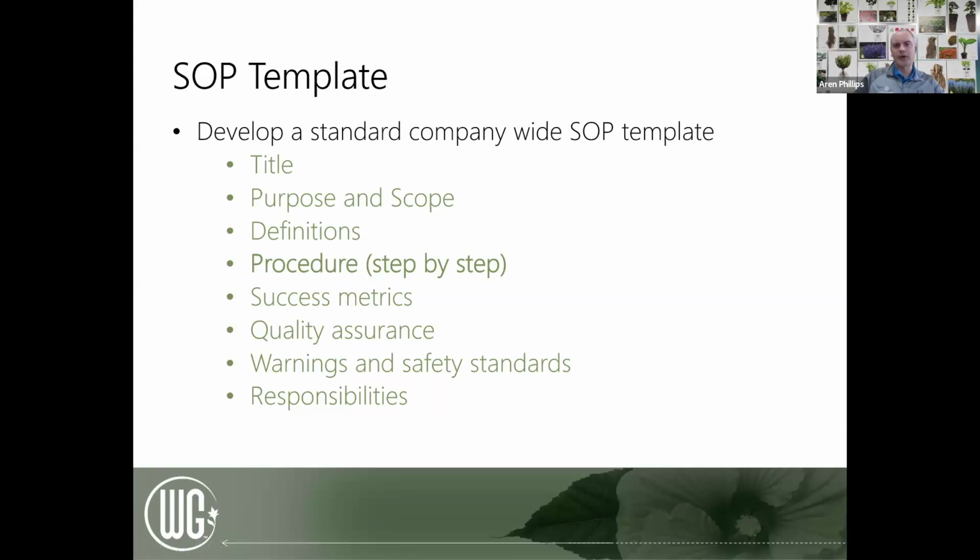The step-by-step process in here, this is how you do this job. Once you get through that with your team, you want some success metrics. How are we going to measure how successful we are on this project? Some quality, also warnings, safety standards, things like that. And then finally, some responsibilities. Who's in charge of this SOP, this task at hand?